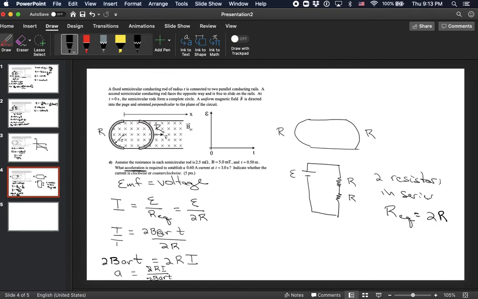So the 2's cancel, and I'm left with a is equal to RI over BRT.